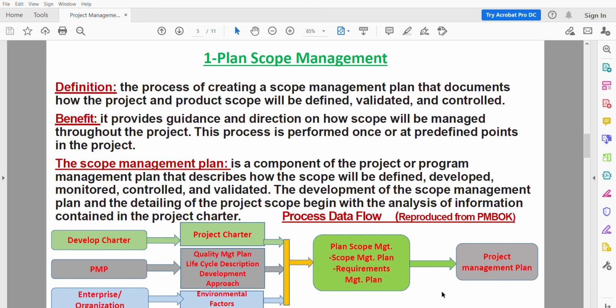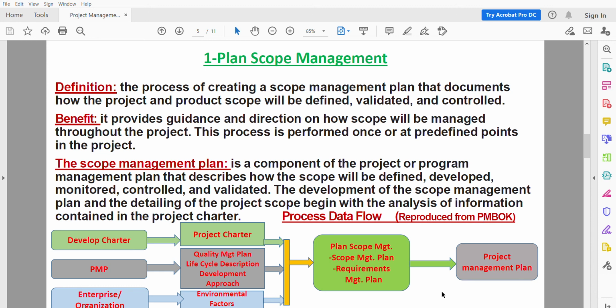The second tool and technique is data analysis. So what do we mean by data analysis? Data analysis techniques that can be used for this process include, but are not limited to, alternative analysis, which means various ways of collecting requirements, elaborating the project and product scope, creating the product, validating the scope, and controlling the scope are evaluated.